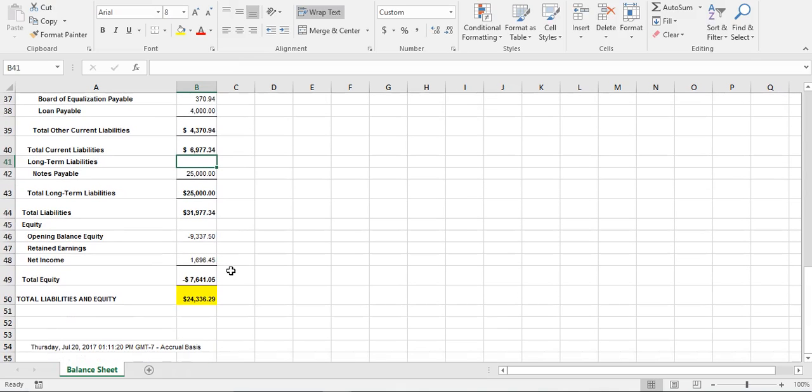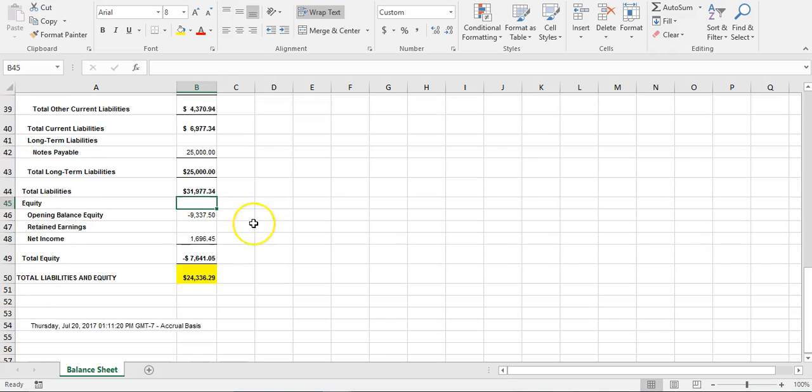Then you have your long-term liabilities, which is anything that is long-term, like long-term notes payable. He's got a notes payable here. A lot of times long-term means over a year. So then you add up your long-term liabilities and your current liabilities, and you get your total liabilities.